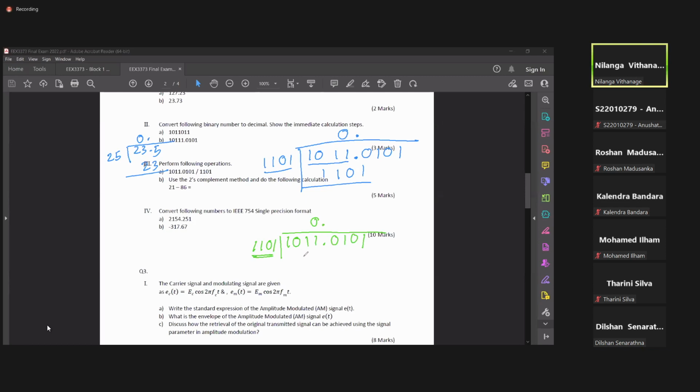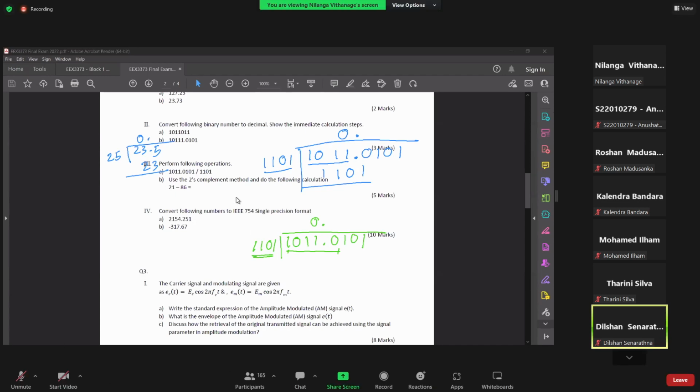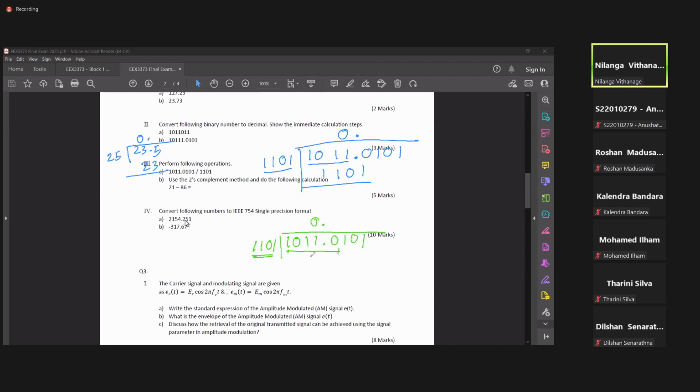Now if you take all these, now you can divide, right? So now you have to write this number here, 1 0 1 1, and now you have to subtract, right?